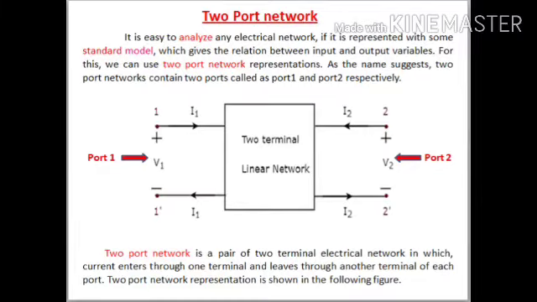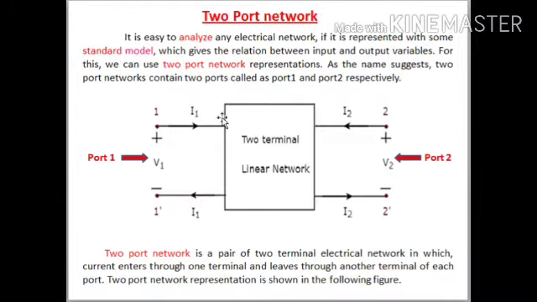As the name suggests, this circuit has two ports: port 1 on the input side and port 2 on the output side. This two-port network contains two pairs of terminals in which current enters through port 1, and this is the output current through port 2.